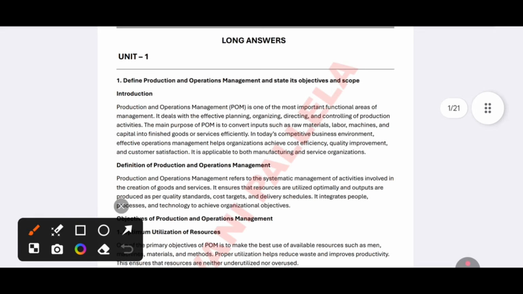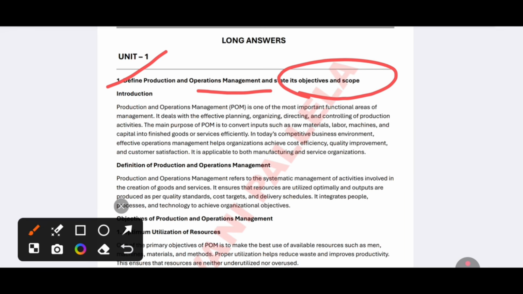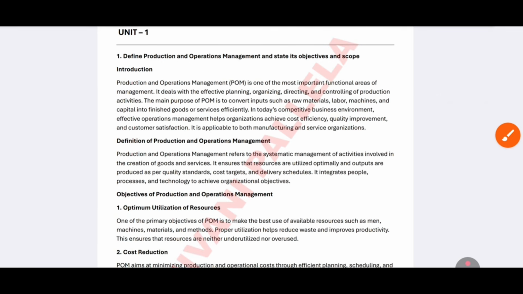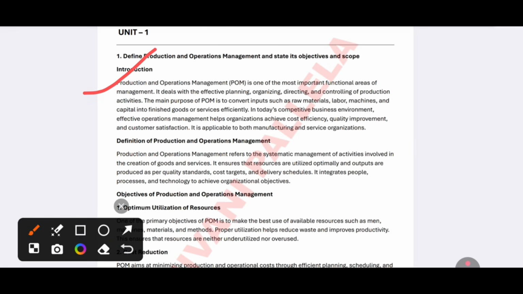The first important question is: define production and operations management and state its objectives and scope. Most important question. First you need to write the meaning or introduction of production and operations management. Production and operations management is one of the most important functional areas of management.